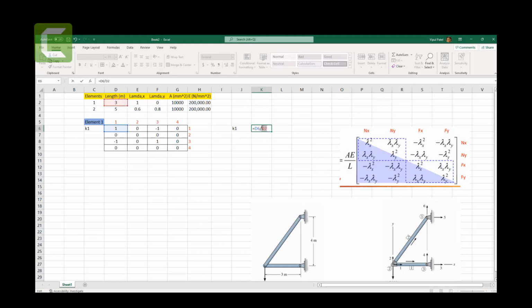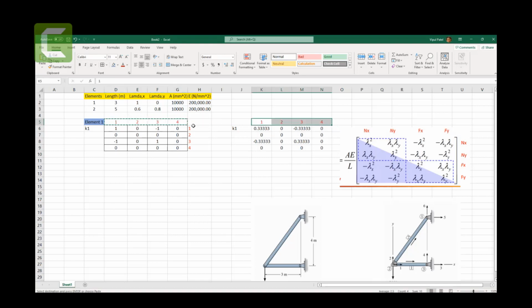Press F4 on your keyboard, or you can put a $ sign in front of it. Look at these, bang. If I move it here, these numbers change, but this one is locked, it's not changing. Bang. This is all good, and you can select all and scroll 1, 2, 3, 4. Bang. You can see that, nice and beautiful. I like it. These ones 1, 2, 3, 4, and so on.